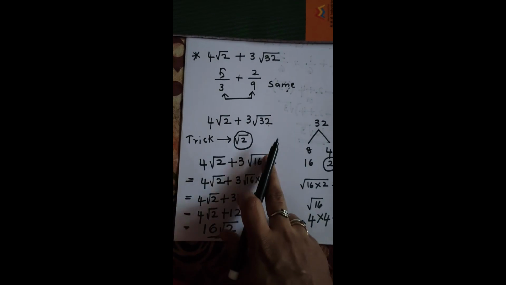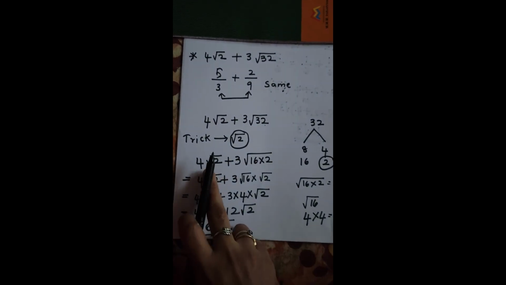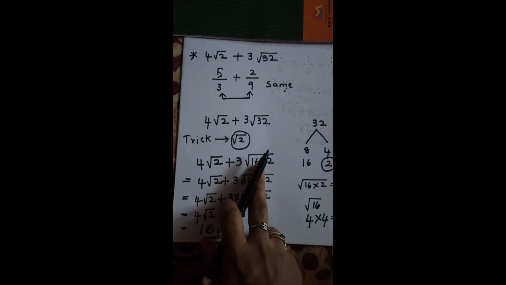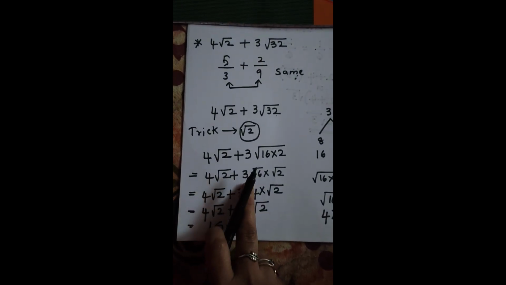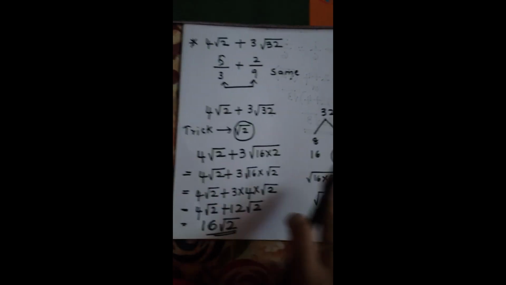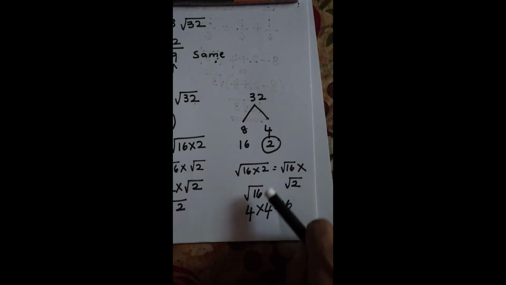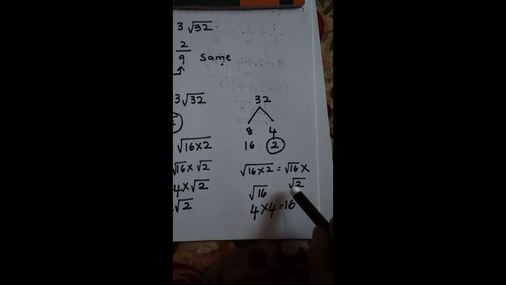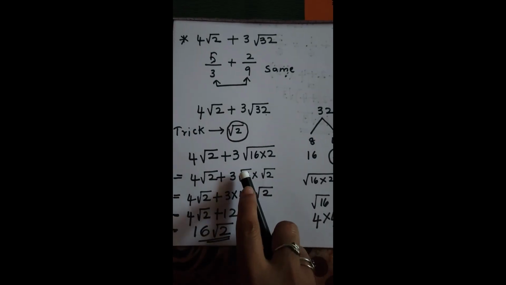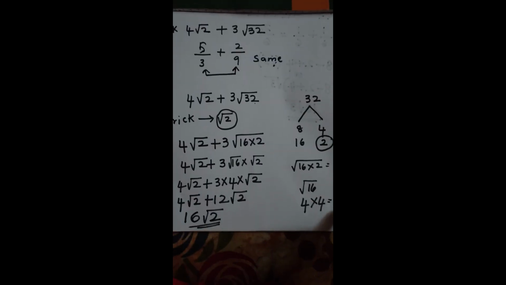Then you write it here: 16 2s are 32, so 4 root 2 plus 3 root of 16 into 2. Next, 4 root 2 plus 3 into root 16 into root 2. You can split root 16 into 2 as root 16 into root 2. What is root 16 value? It is 4, since 4 into 4 is 16.